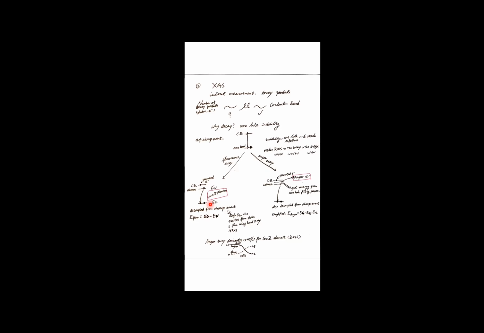So you do the normalization, you want to analyze edge shift, those kinds of things. You're relying on the XANES part, which relies on promoting an electron to the conduction band or to the LUMO part, right? That's something that cannot be done by high energy. So high energy cannot give us a chemical mapping of the low energy element, but it can tell us whether they are there or not.